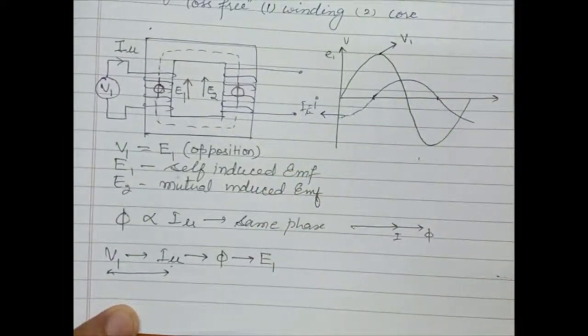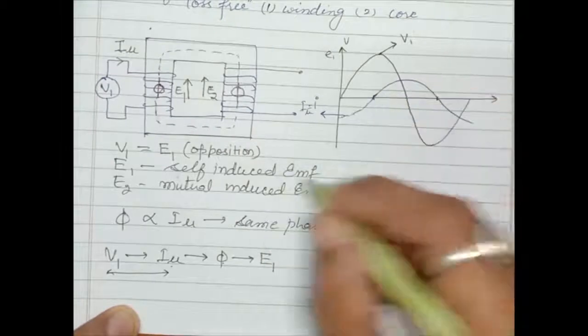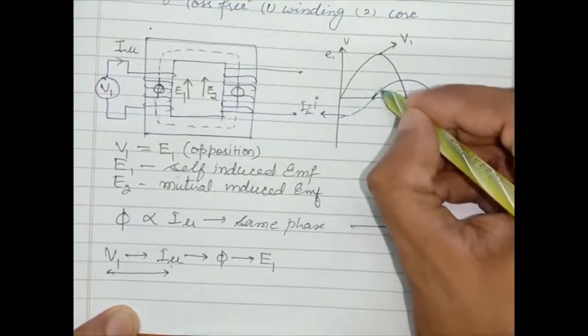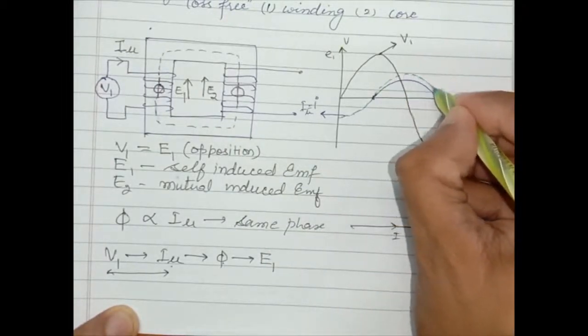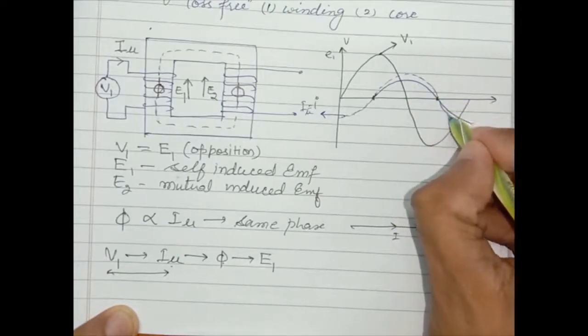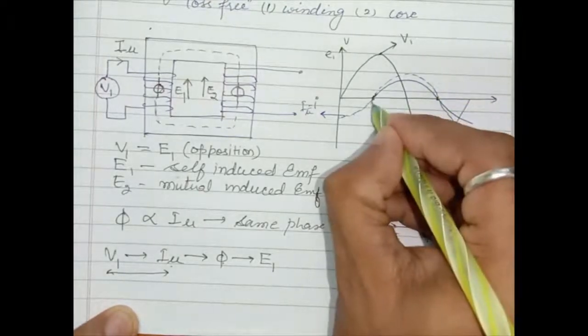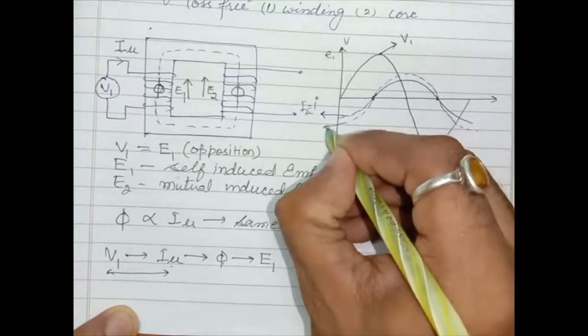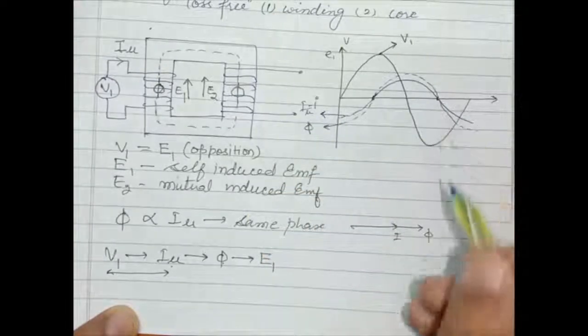Now as I mu produces this flux phi, both are in the same phase, which means this dotted line is the flux phi.